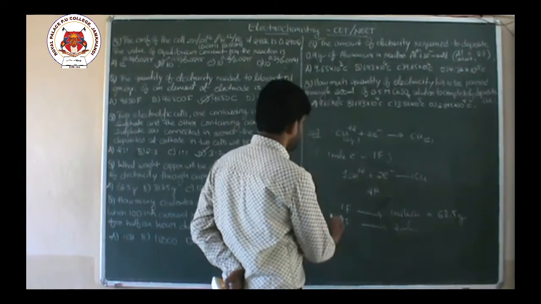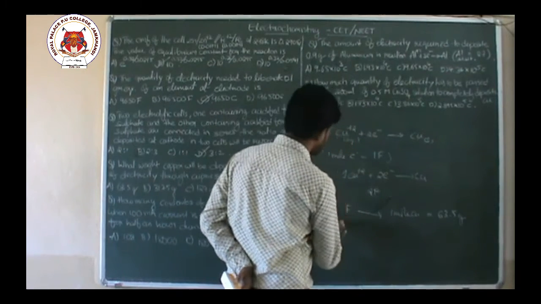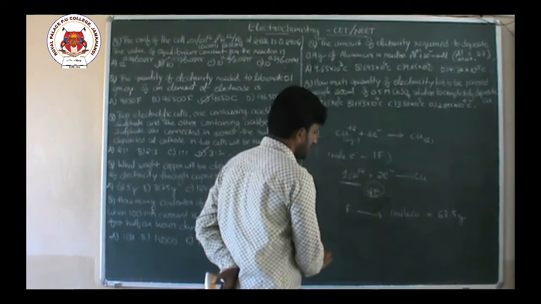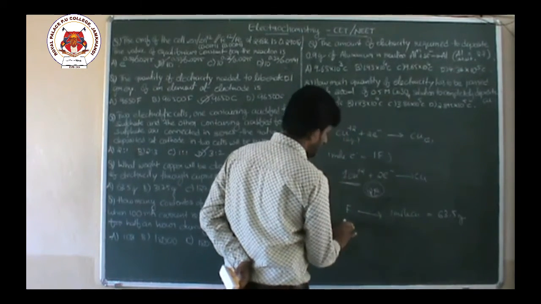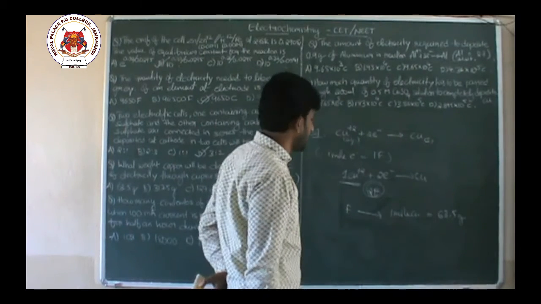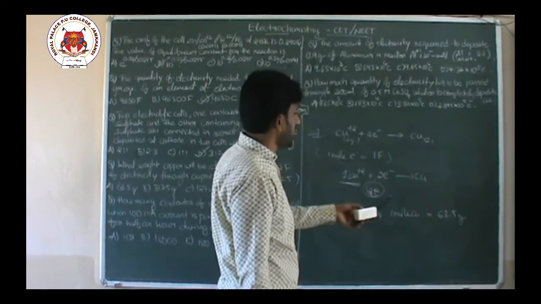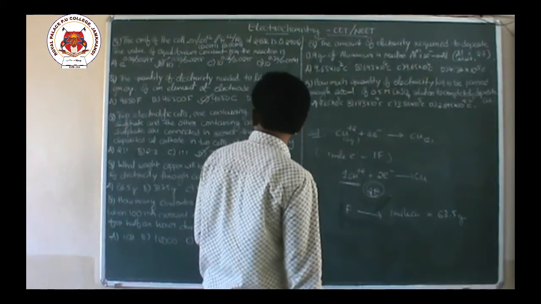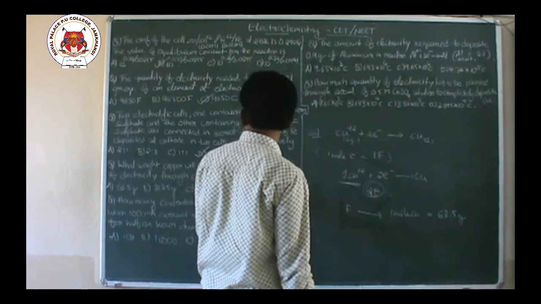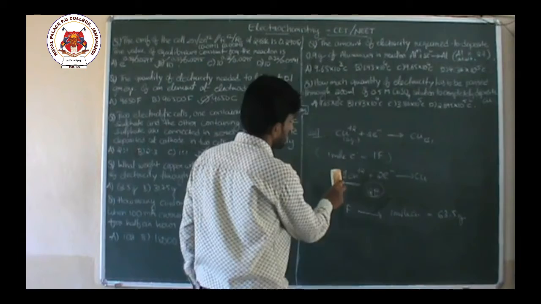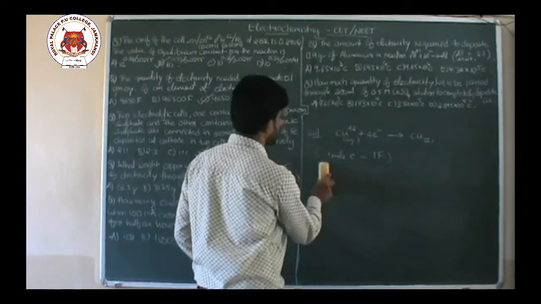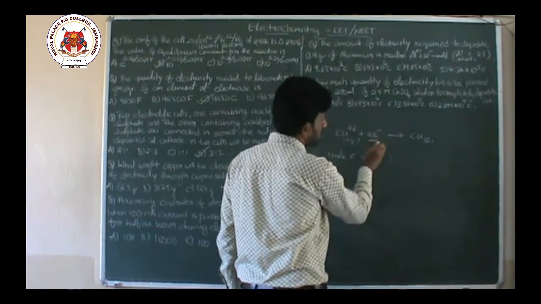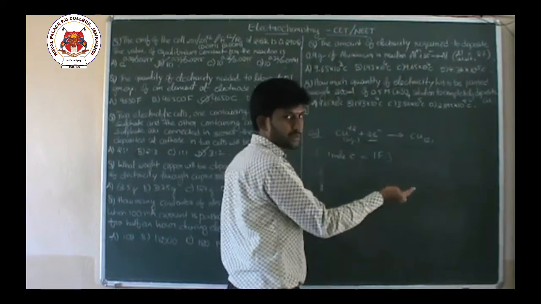According to the concept, 1 mole of Cu plus 2 ions requires 2 Faradays. Cu plus 2 ions require 2 moles of electrons, which is nothing but 2 Faradays.